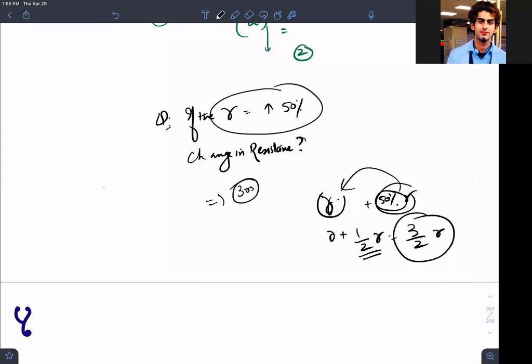Now you calculate the change. R is inversely proportional to r to the power 4. That is, R is inversely proportional to (3 by 2) to the power 4.